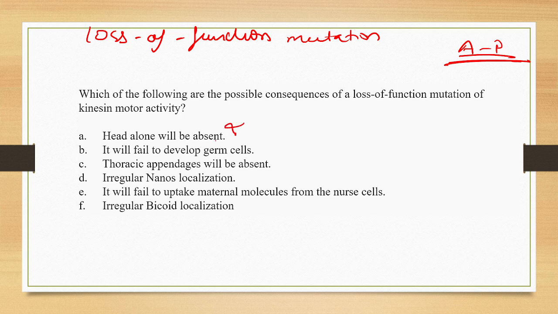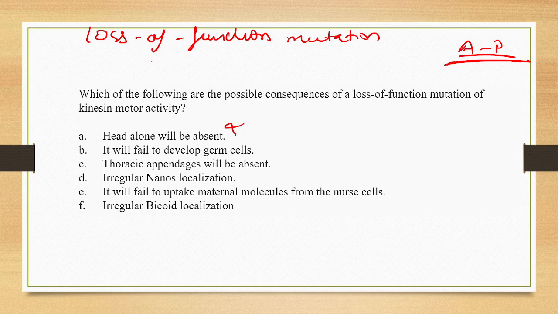Then, it will fail to develop germ cells. Will it fail to develop germ cells? Yes. Why? Because kinesin is very much important for the localization of germplasm components such as Oskar to the posterior side of the oocyte, and this Oskar is crucial for germ cell development.